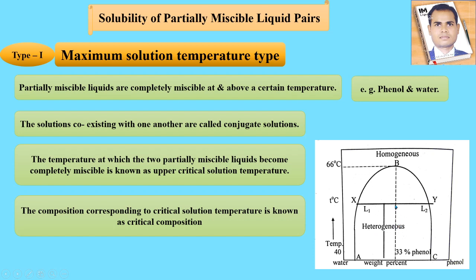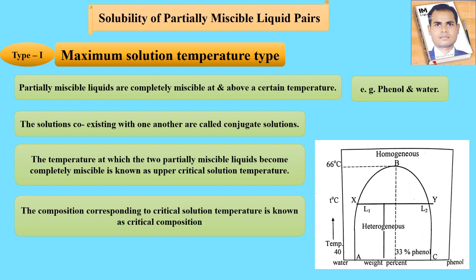But at a particular stage they become completely miscible, so there is only one phase, the homogeneous phase. At 66 degrees Celsius, the water-phenol system becomes homogeneous and completely soluble. This is the upper critical solution temperature, and this is the critical composition.